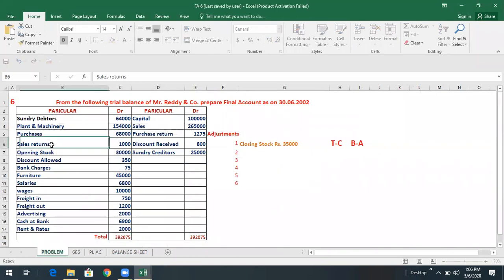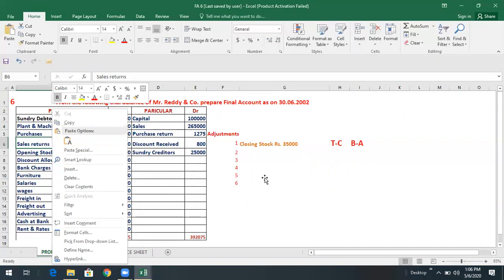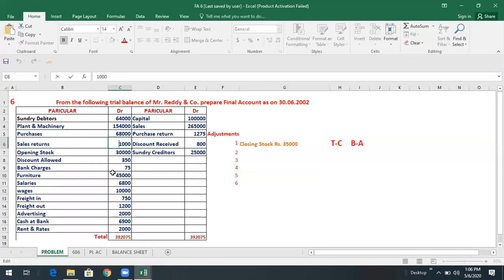Next, sales return, in order. What is the value? 1,000 rupees. Where do you get the sales return?